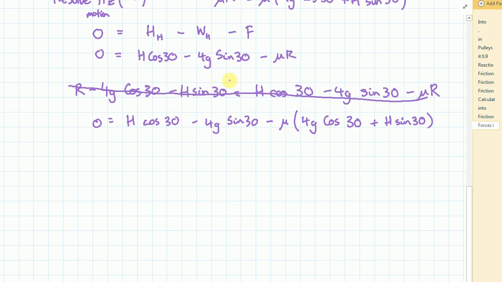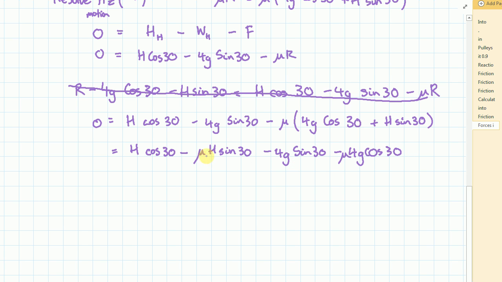And if we rearrange them, we can get all the H's together. So H cos 30 minus mu H sine 30 equals 4g sine 30 plus 4g cos 30 with mu.